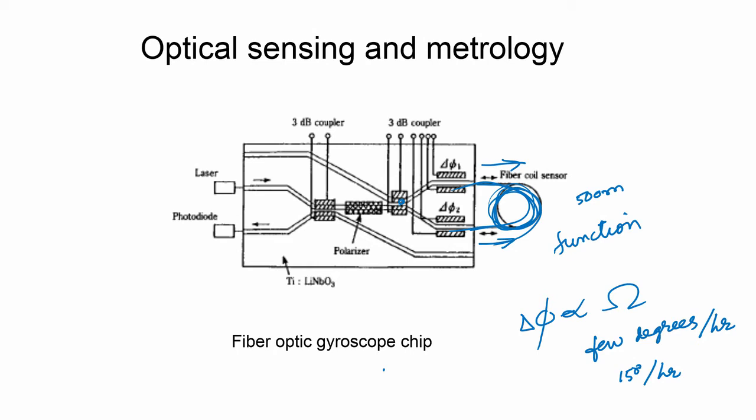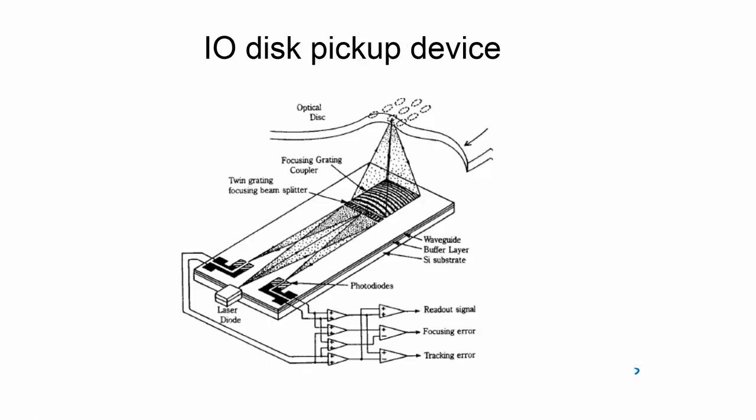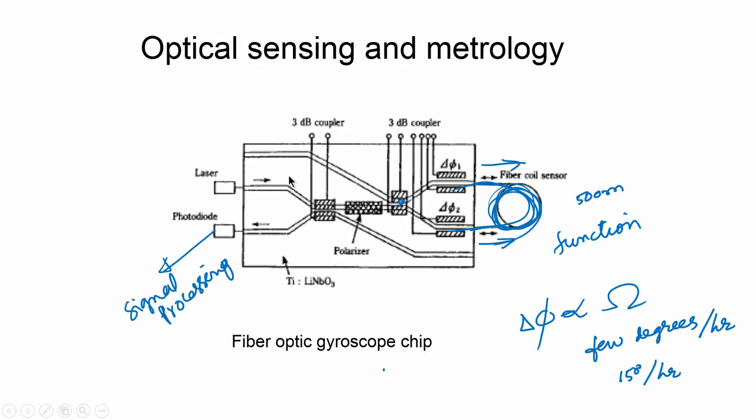Now I would like to emphasize the role of the integrated optical chip in this application. You observe the integrated optical chip on lithium niobate, and you have a laser diode to launch the light into the coil and a photodetector to receive the signal, and a lot of electrical signal processing will be done after this to analyze the signal and extract the information obtained from the gyroscope.